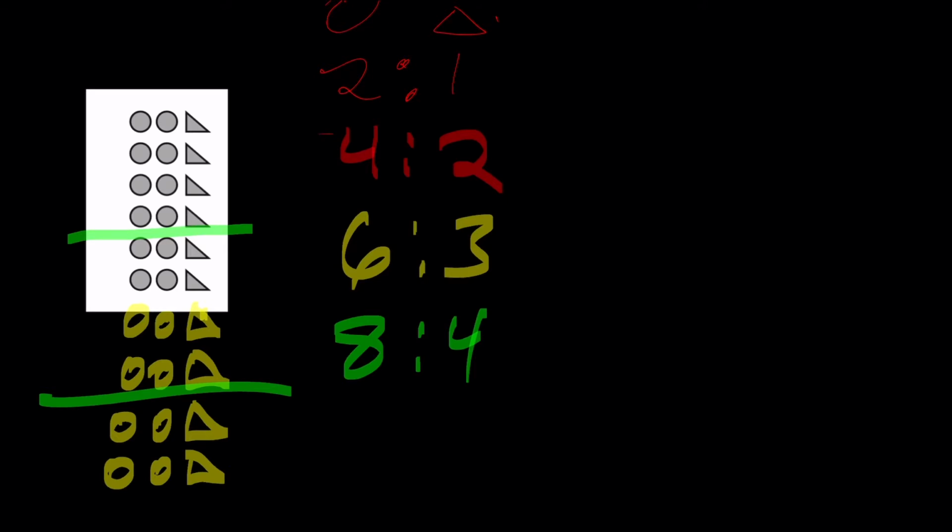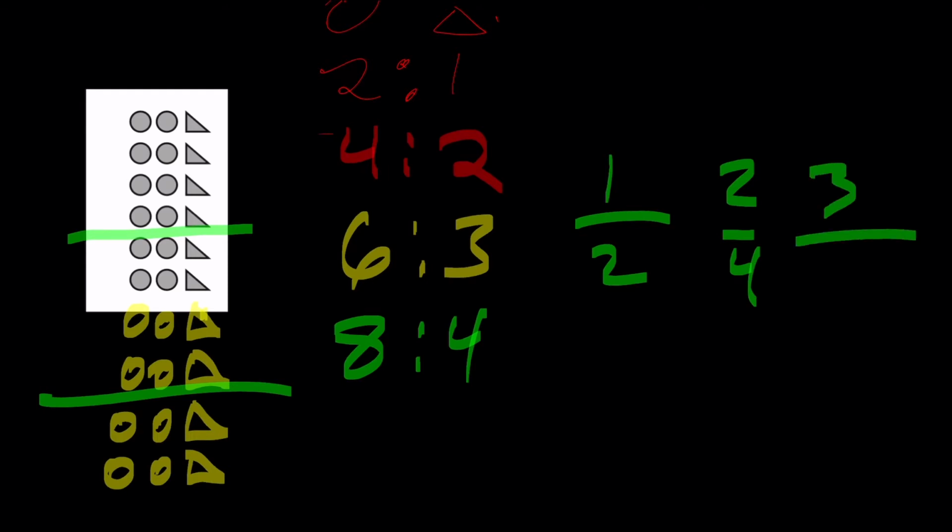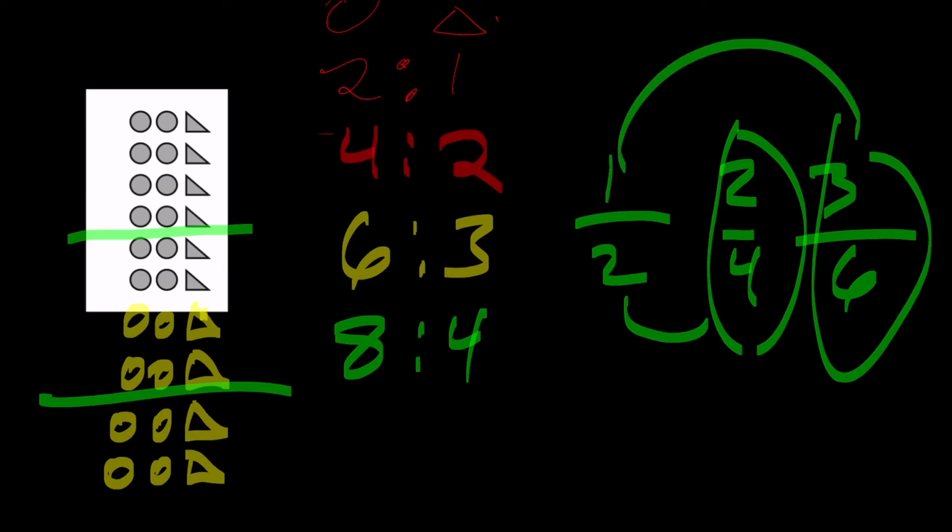These should be reminding you of something, okay? This is very similar to if I had a half, and then all of a sudden I have 2/4 and I have 3/6. Okay, 2/4 is equivalent to a half, 3/6 is equivalent to a half.